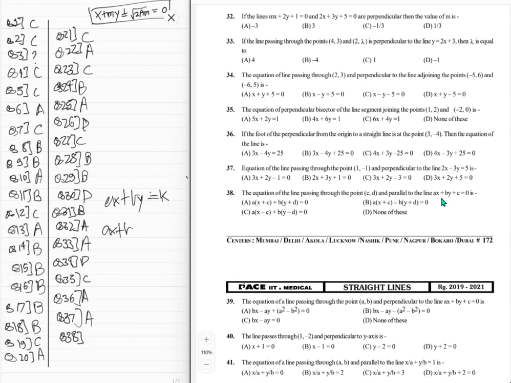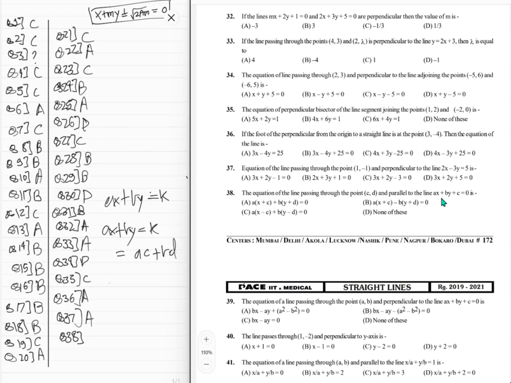Putting x equal to c, y equal to d into this, you will get that the k value is just ac plus bd. That's the whole thing.